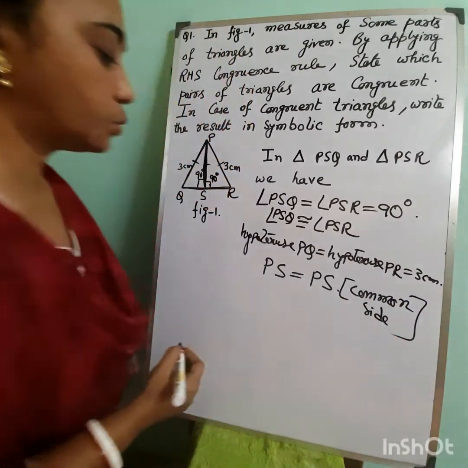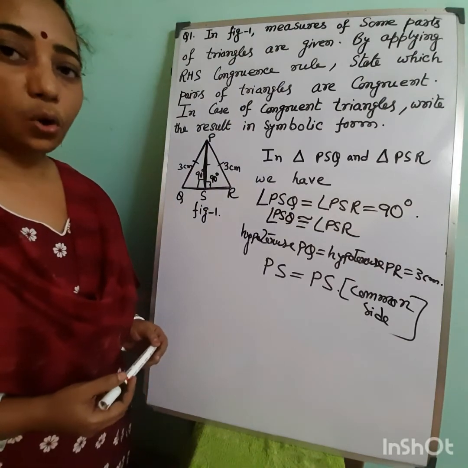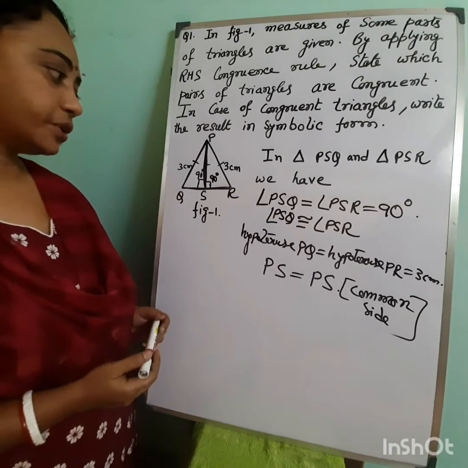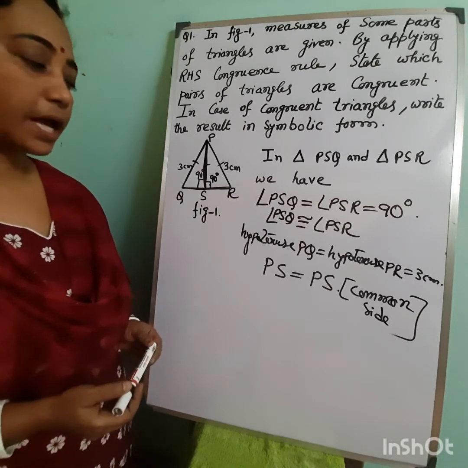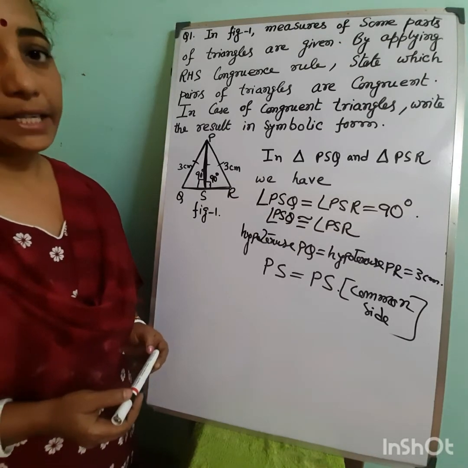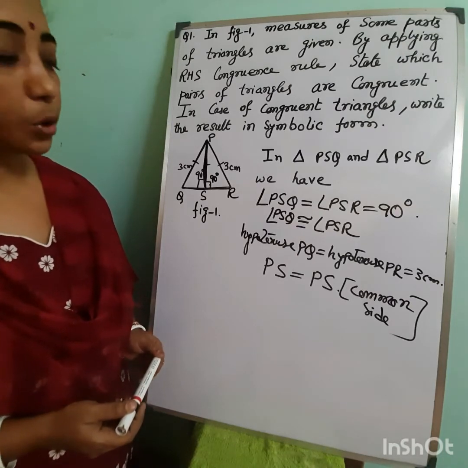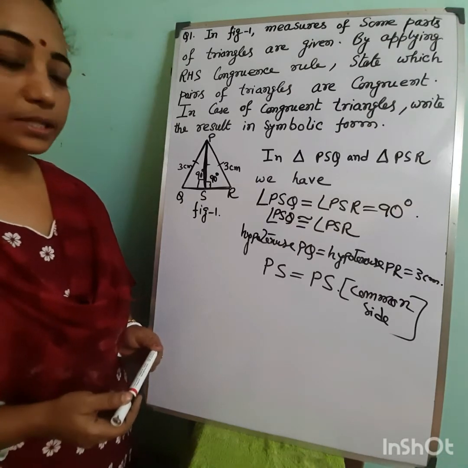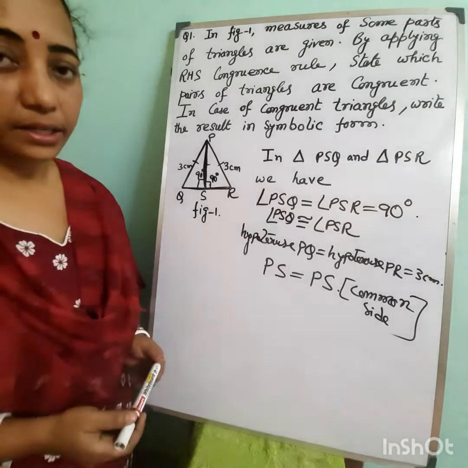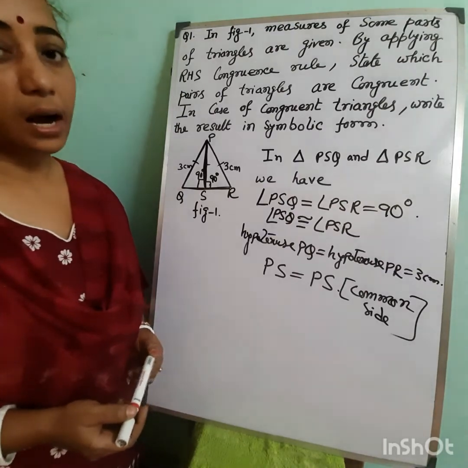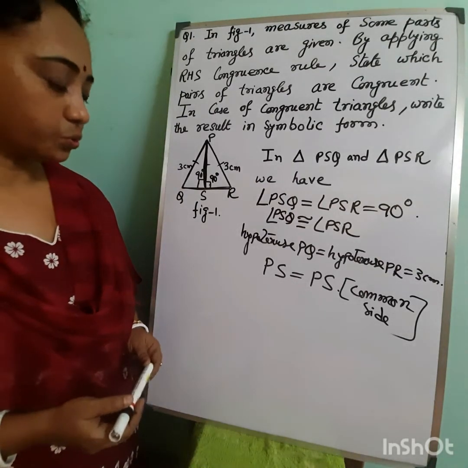So these are equal, and by the RHS congruence rule, we can say that these two triangles are congruent, because we know if the hypotenuse and one side of a right triangle are respectively equal to the corresponding hypotenuse and one of the sides of another right triangle, then those two triangles are congruent. That is known as the RHS congruence rule.